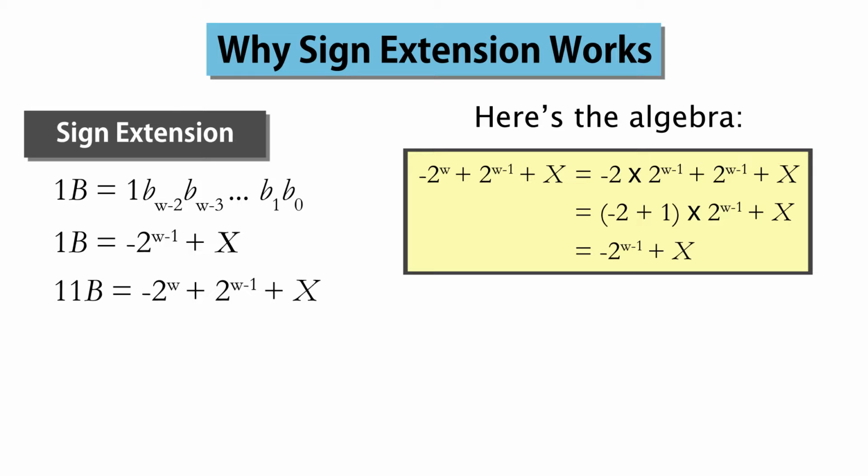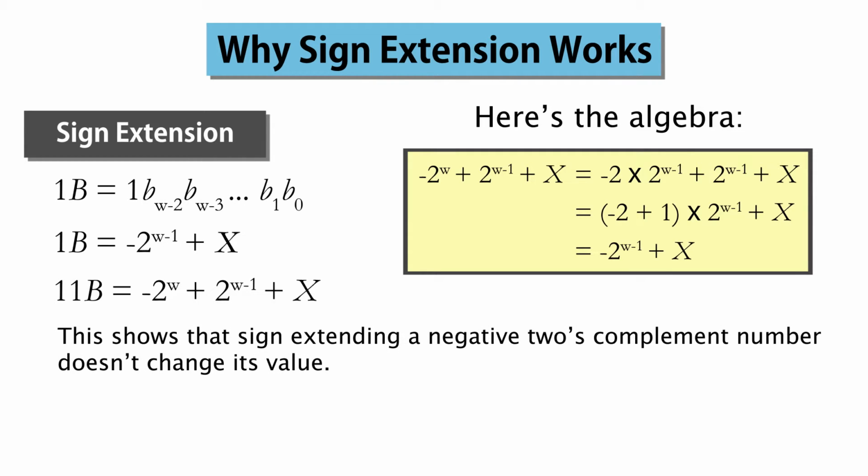And since our initial value was an arbitrary 2's complement negative number, we could do this to any negative number without changing its value. Moreover, if we can do it once, we can do it twice, 3 times, etc. This shows that sign extending a negative 2's complement number doesn't change its value.